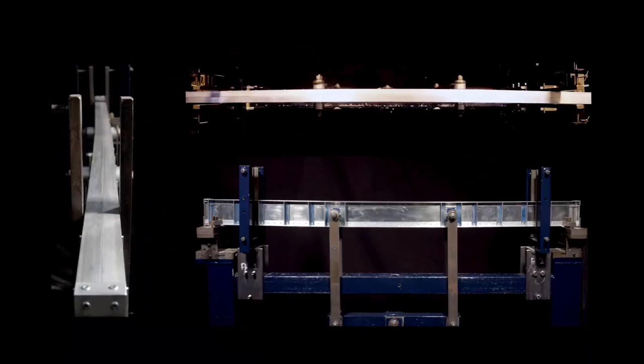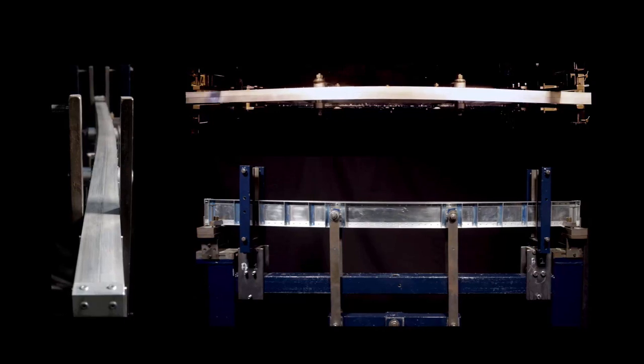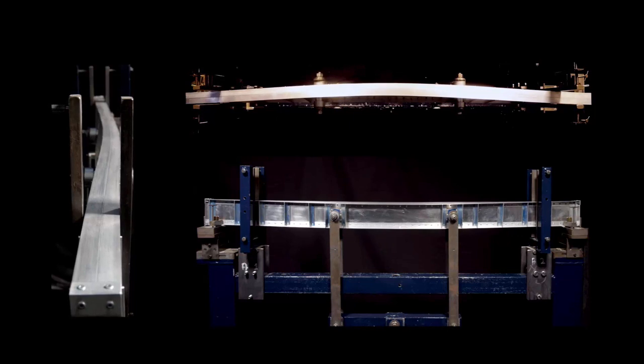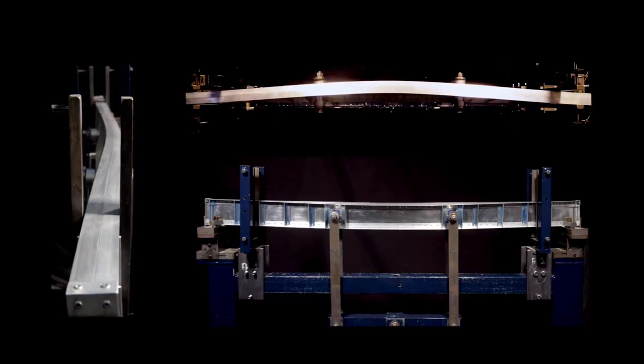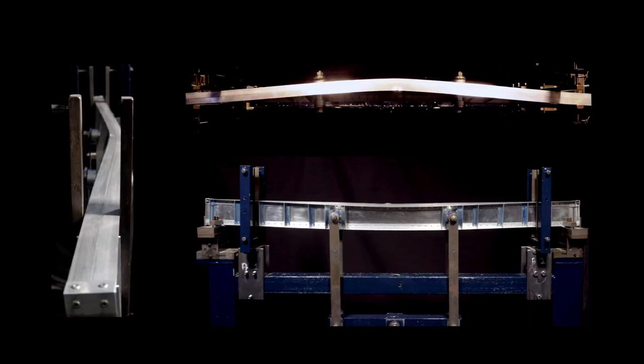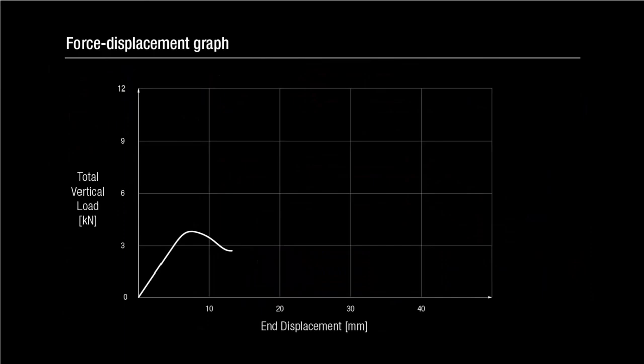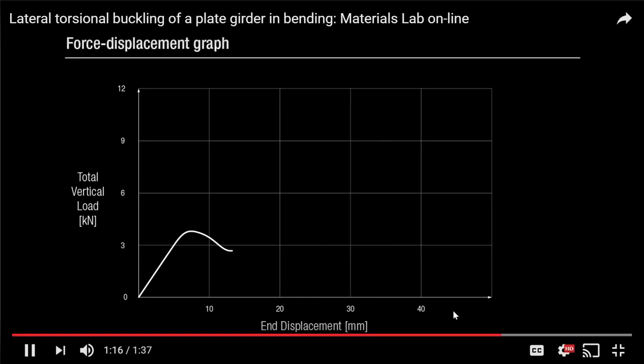Now, as the beam is loaded, the top half of the cross-section, which is in compression, starts to buckle sideways. However, movement is restricted by the bottom half of the cross-section, which in fact is in tension. The overall effect is to cause the middle of the beam to twist over, as well as move sideways. The beam eventually fails by local buckling in the flange, which is induced by the lateral torsional buckling deformation. The graph shows an initial linear relationship between the applied force and the vertical displacement.